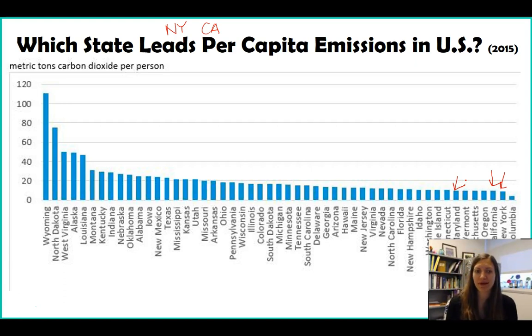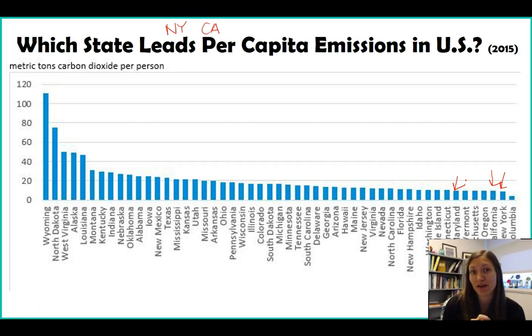Our worst offenders are those that you probably would not have guessed, Wyoming being the worst one. There's a couple of reasons for this. One, no one lives in Wyoming. Literally, there are more people in the city of Baltimore than in the whole state of Wyoming. So what that means is that people probably live far away from each other.